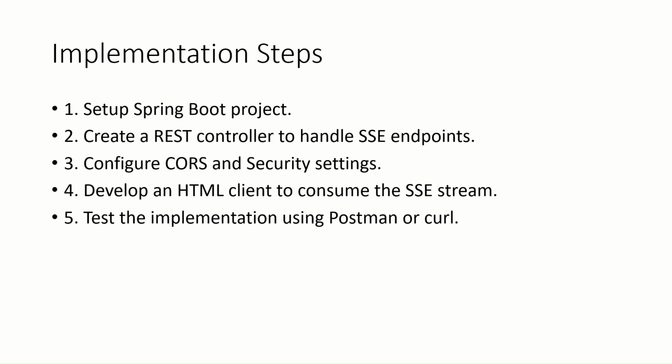In the front end, we are going to create an HTML page and see how we can use this event to call the backend APIs, which render the data, and then the API will be consumed by the front end and the data will be streamed. Develop an HTML client to consume the SSE stream and test the implementation using Postman or curl, or you can also check it in the browser.